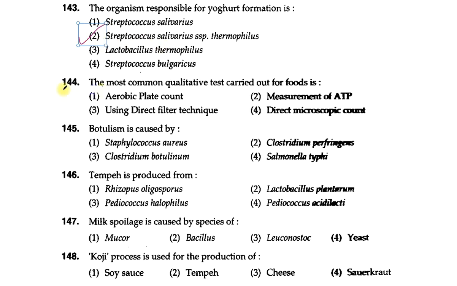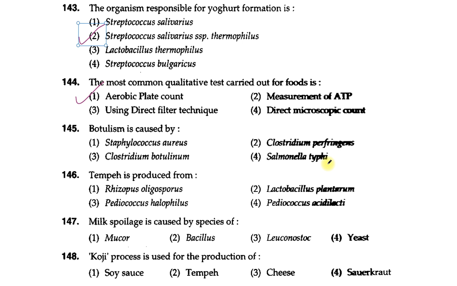Question 144. The most common qualitative test carried out for foods is 1. aerobic plate count, 2. measurement of ATP, 3. using direct filter technique, 4. direct microscopic count. The option 1, aerobic plate count, is correct. 145. Botulism is caused by 1. Staphylococcus aureus, 2. Clostridium perfringens, 3. Clostridium botulinum, 4.